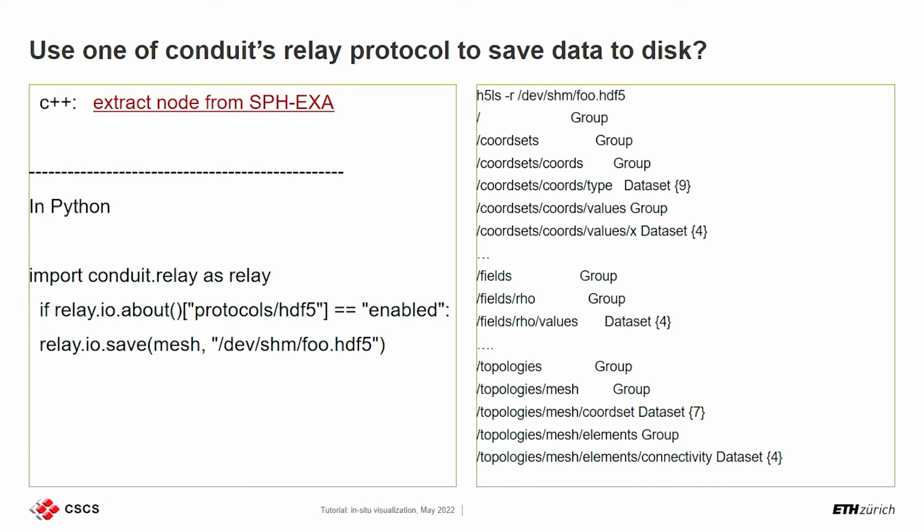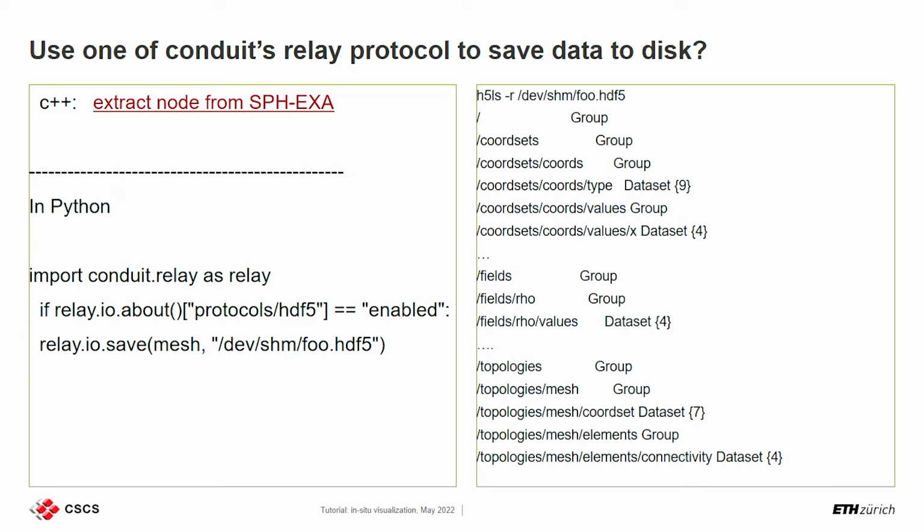Import from Conduit, import the relay package, verify that HDF5 has been enabled, because by default, I think it's turned off. At CSCS, I have compiled Ascent with the Cray HDF5 parallel library, so it's enabled. And if so, you can save your data, save your mesh, your Conduit mesh node.